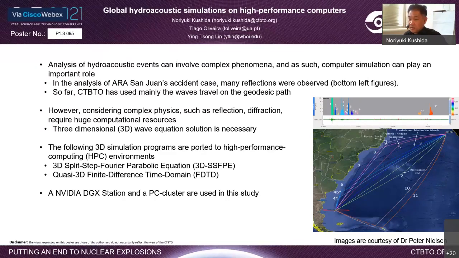But the 3D simulation is quite expensive in terms of computer power, and we are going to port the two codes actually to the GPU systems. And in this presentation, we use an NVIDIA DGX station.